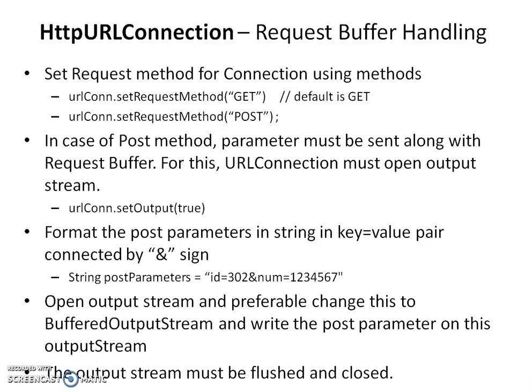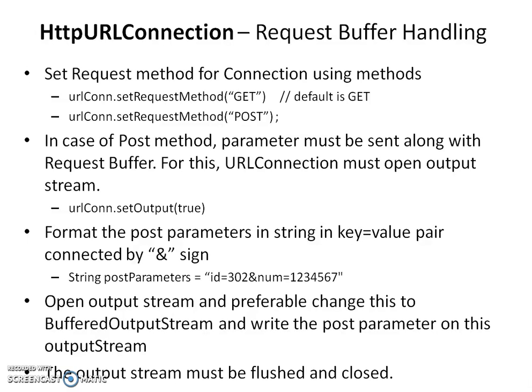a GET or POST. In case it's a GET, we have already passed the parameters along with the URL, but if it is a POST, then we need to pass the parameters along with the request body. To pass the request body, we need to open a connection to the server and then write into that.